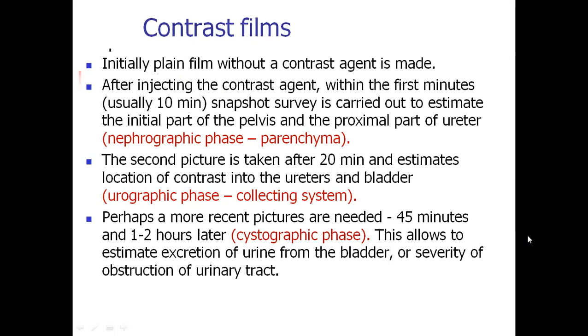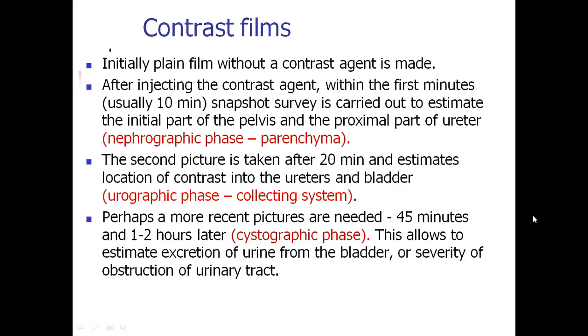How is it done? Again, initially a plain film without contrast agent is made. After injection of the contrast agent, within the first minutes, and then at 10 minutes, a snapshot survey is carried out to estimate the initial part of the pelvis and the proximal part of the ureter.